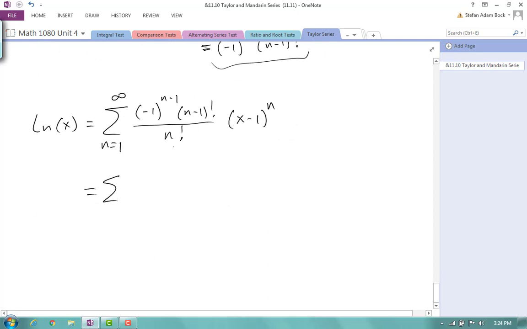But this simplifies because I've got a bunch of factorials there, to become negative 1 to the n minus 1 divided by n times x minus 1 to the n.